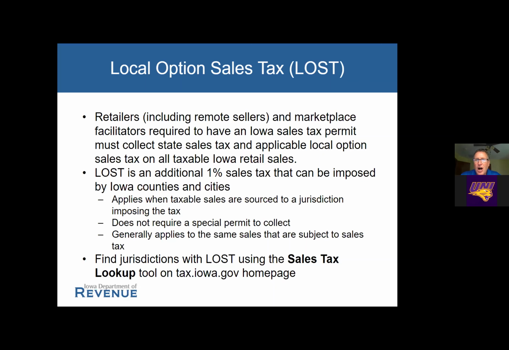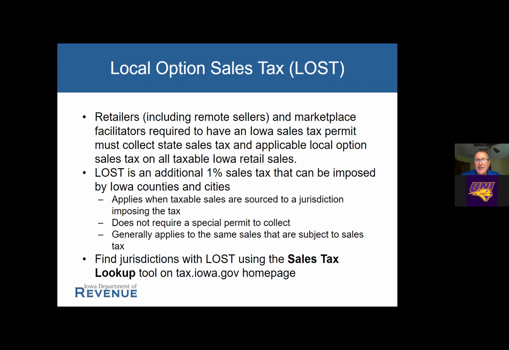Again, local option sales tax is an additional 1% sales tax that can be imposed by Iowa counties and cities. This applies when taxable sales are sourced to a jurisdiction imposing the tax. It does not require a special permit to collect. If you've got an Iowa retail sales tax permit, you are already set up to collect the local option sales tax. You do not have to have another permit.